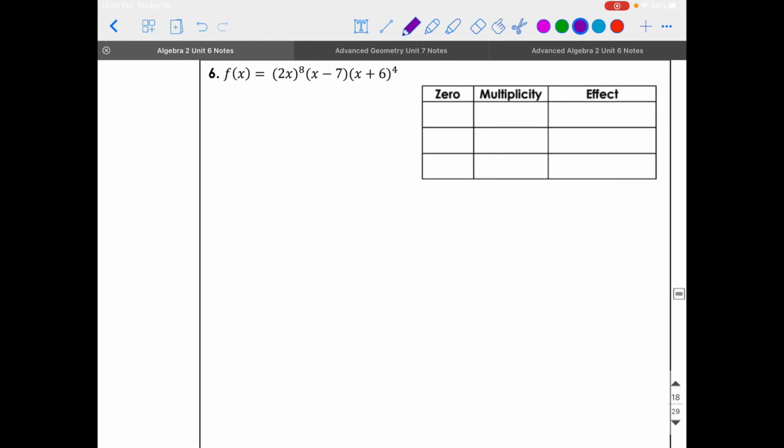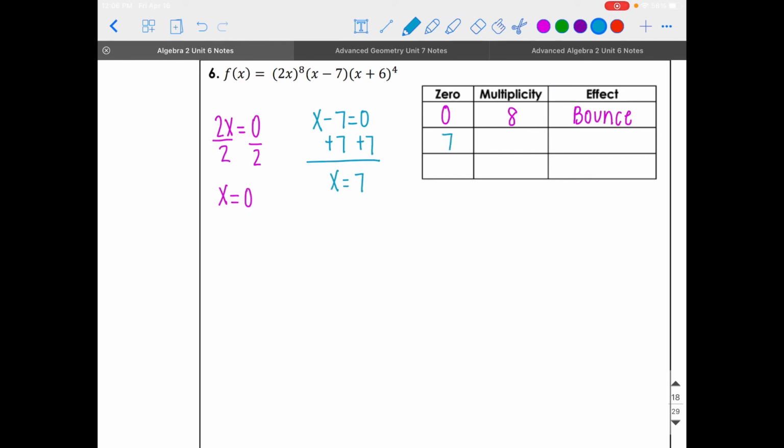All right, last one. I want you to pause the video and try number 6. See if you can get it on your own. So we have 2x equals 0. When we divide by 2, we just get x equals 0. It had a multiplicity of 8, which meant that it's going to bounce. x minus 7 equals 0.